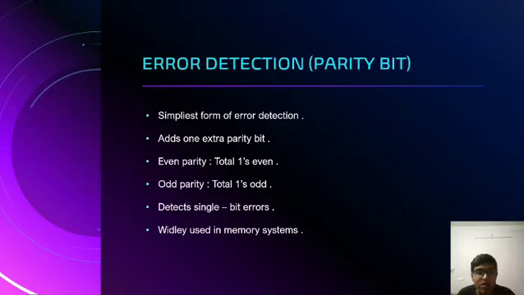If we add 1 as the parity bit, the number of ones must be odd for odd parity. It detects single bit errors and is widely used in memory systems.